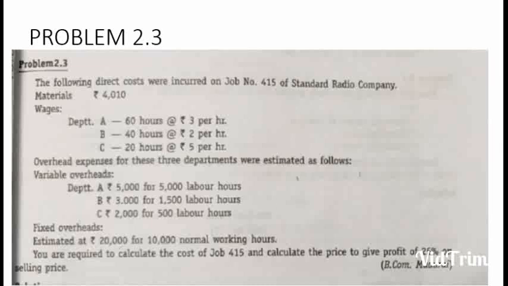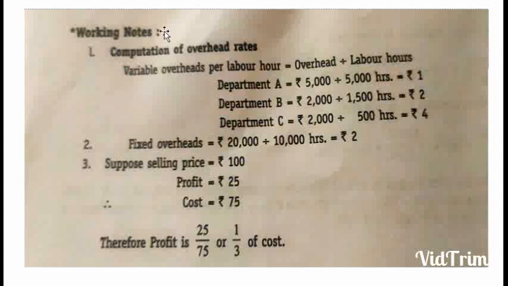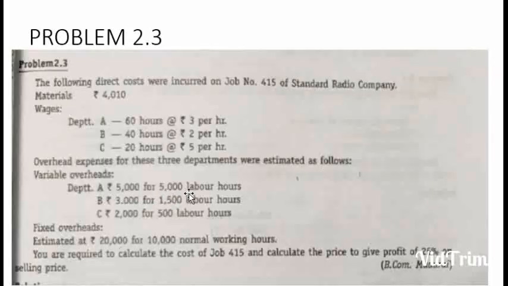We will get into your working note to find out your overheads. First we will find the variable overheads per labor hour. Your overhead rate is your expenses divided by labor hours. For department A, the problem states 5,000 for 5,000 labor hours.